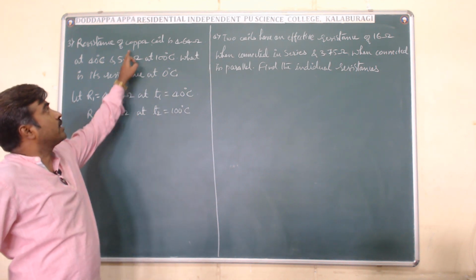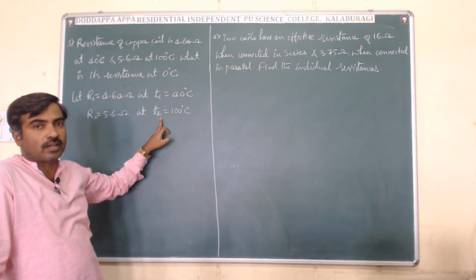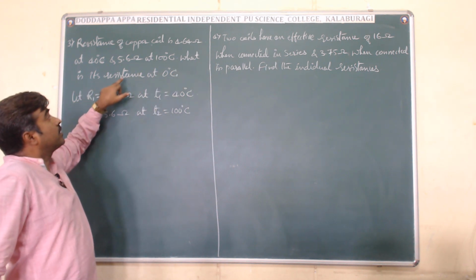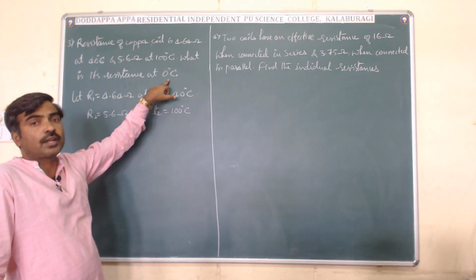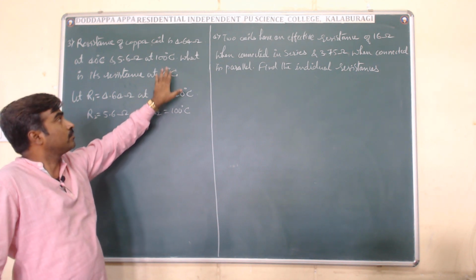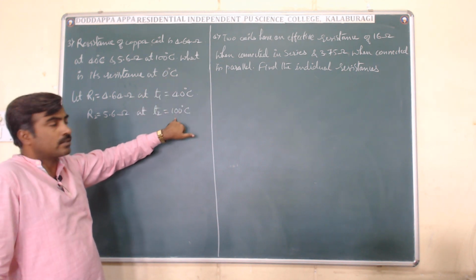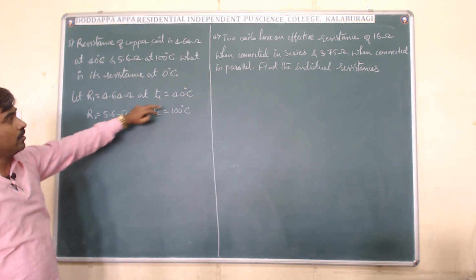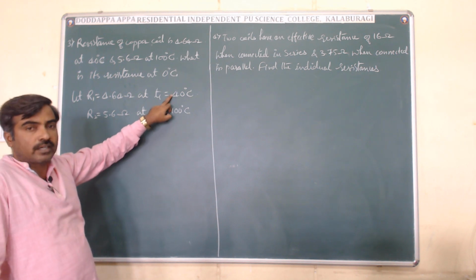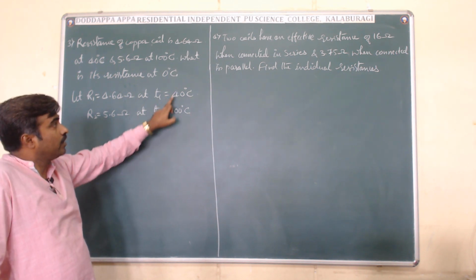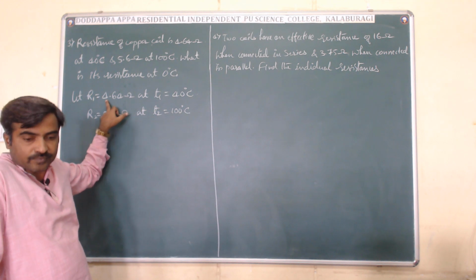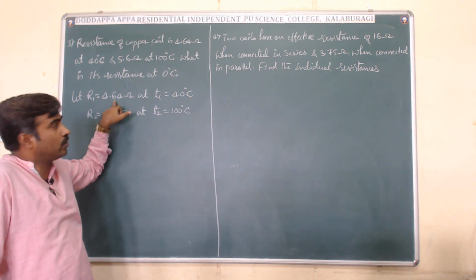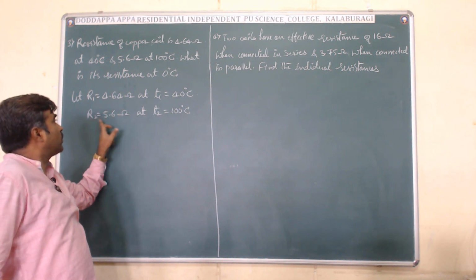Now, two resistances and two different temperatures have been given. What should be calculated here is the resistance at 0 degrees centigrade. At these two temperatures we have the corresponding resistance values. Look at the temperature and the resistance. At 40 degrees centigrade it is 4.64 and at 100 degrees centigrade it is 5.6.